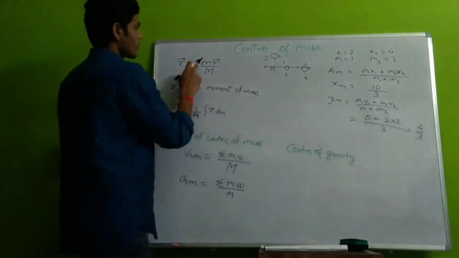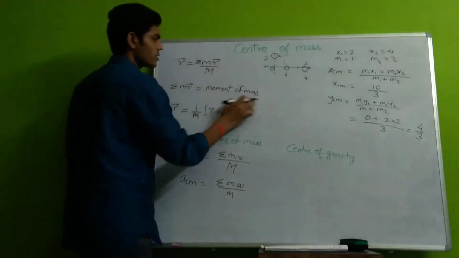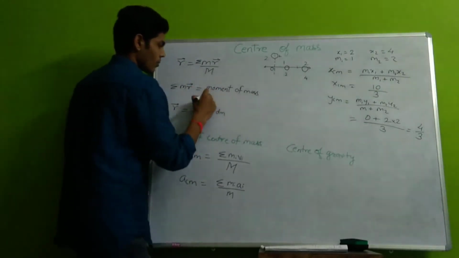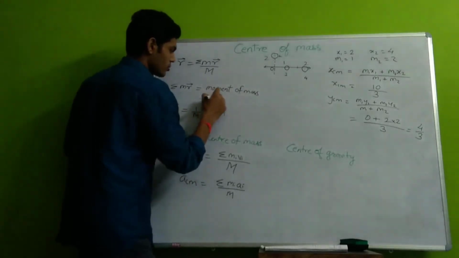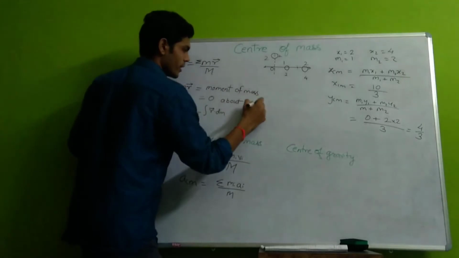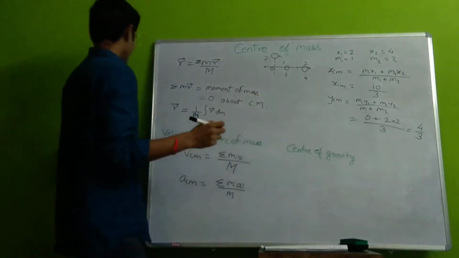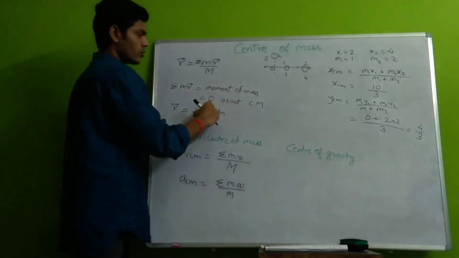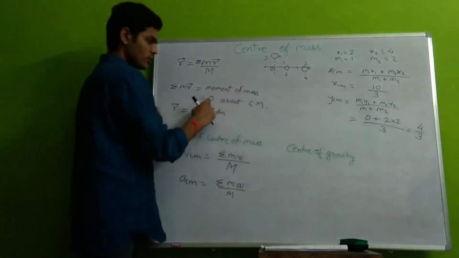The summation of moment of masses is equal to 0 about the center of mass. We write center of mass as Cm. So the moment of mass about the center of mass is 0.